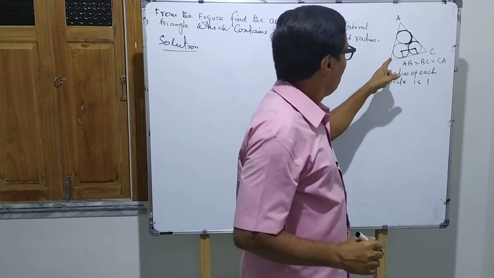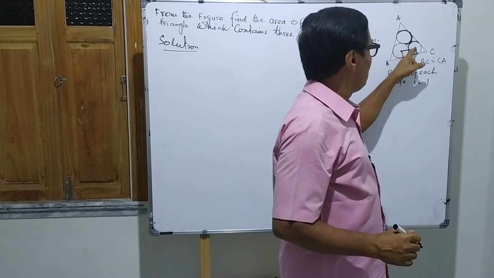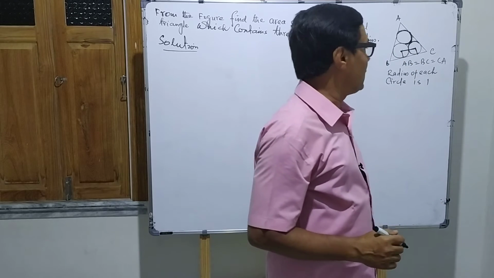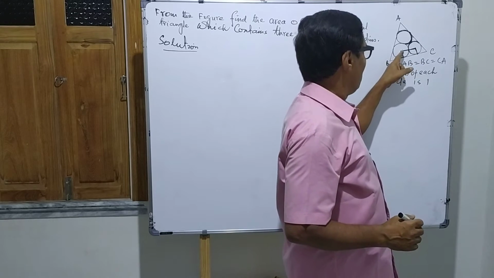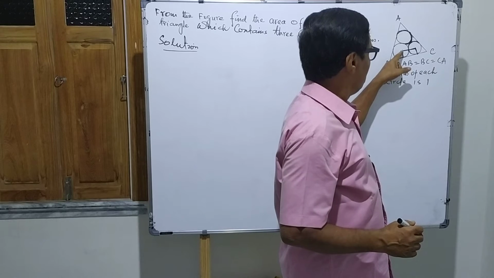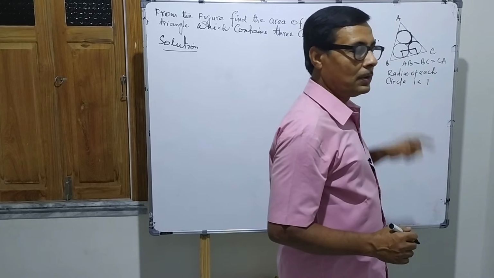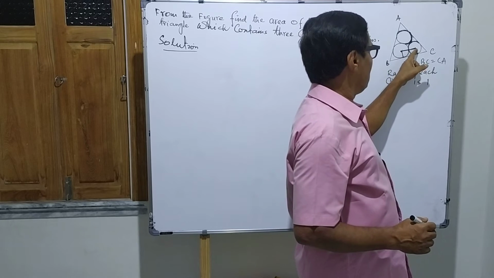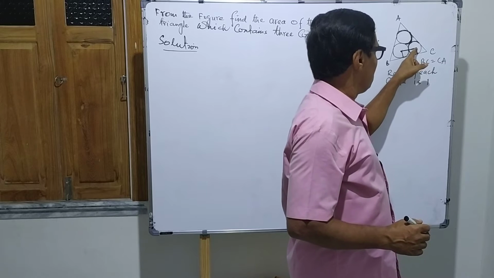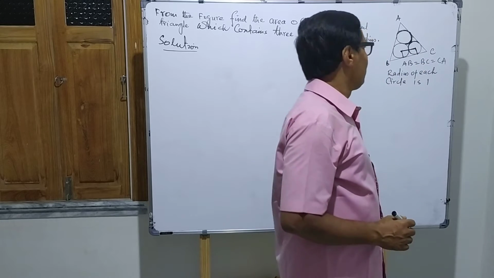Here we have drawn the line segment between the centers of two adjacent circles, and also we have connected the center of the first circle with the point of contact, and the center of the second circle with the point of contact.